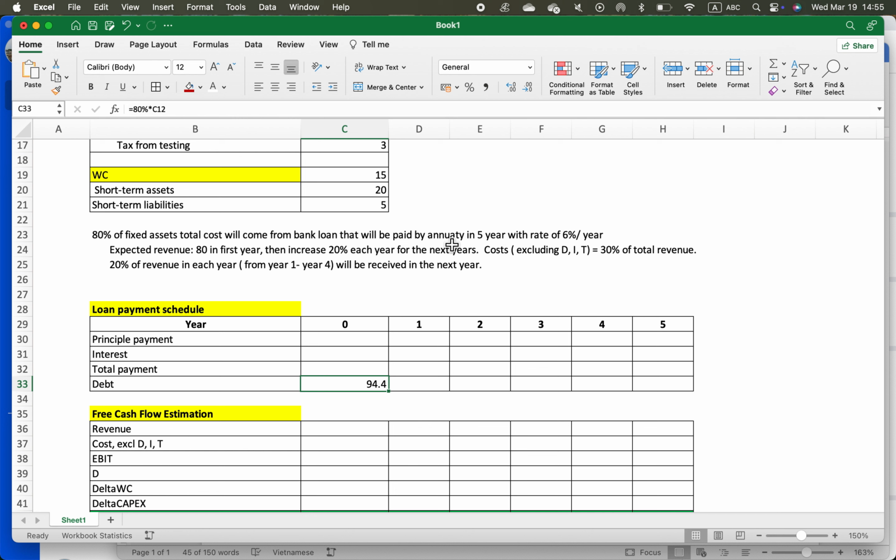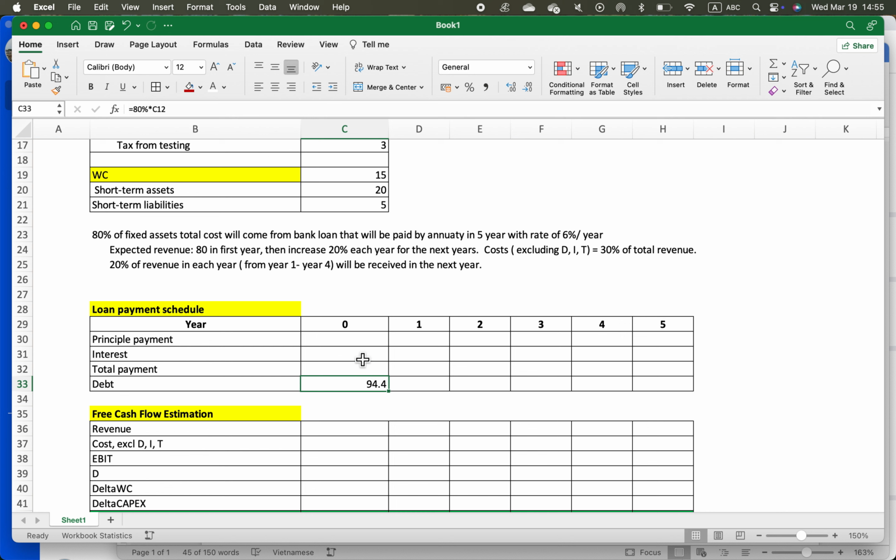What is annuity? Annuity is equal payment throughout the years. Okay, so which means that every year you pay the same amount to pay back the debt. And in the payment you have not only principal but also interest.